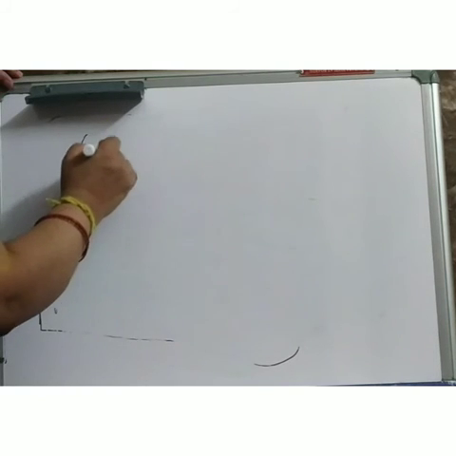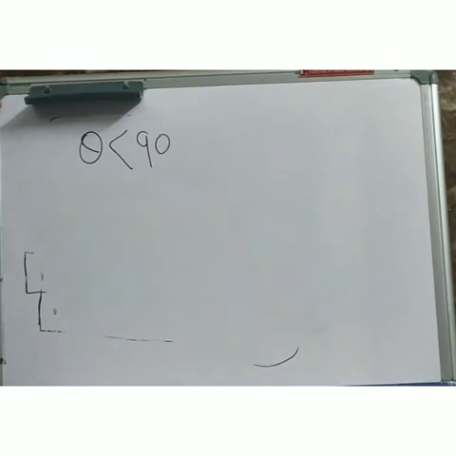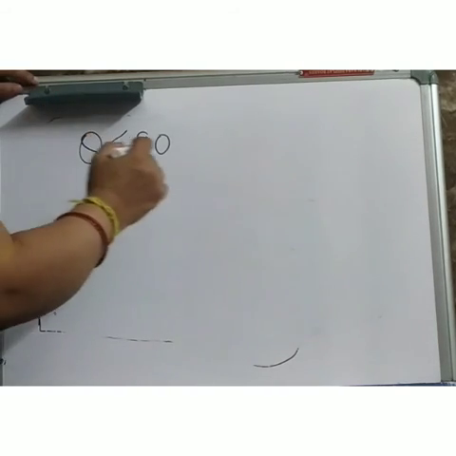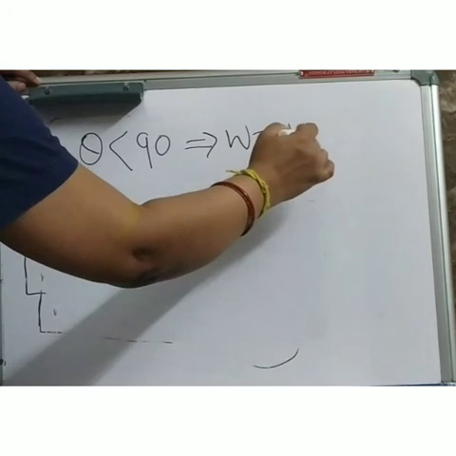Now we have observed when theta is less than 90, say theta 60, cos is half, that is 0.5, so again work done is positive. So when theta is less than 90, your work done is positive.